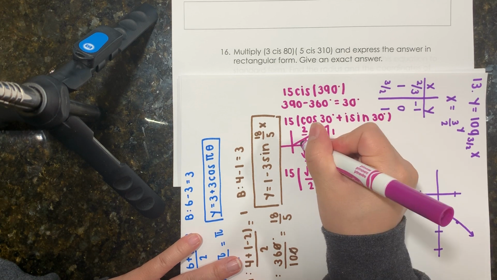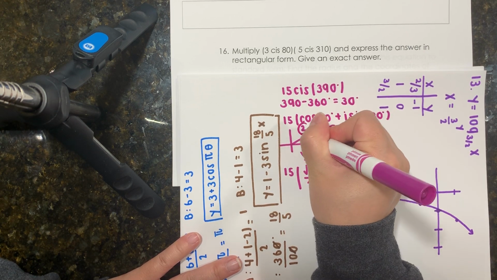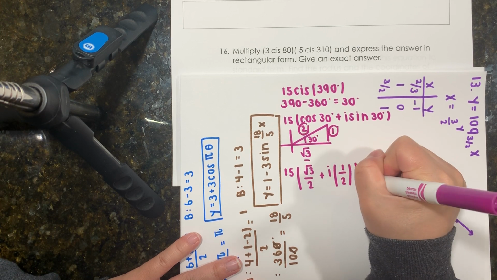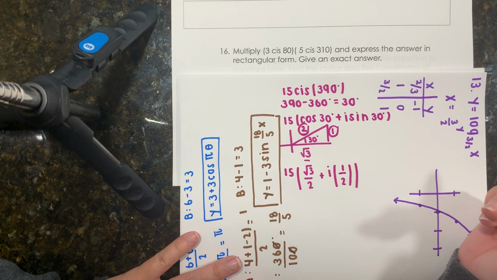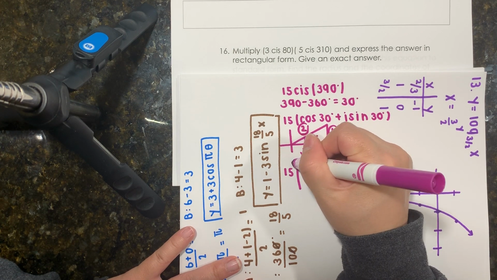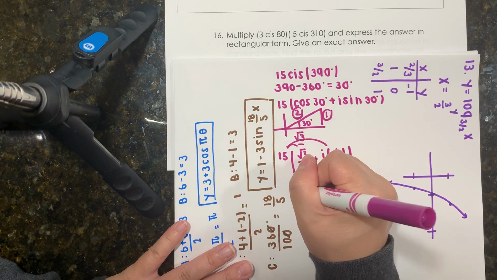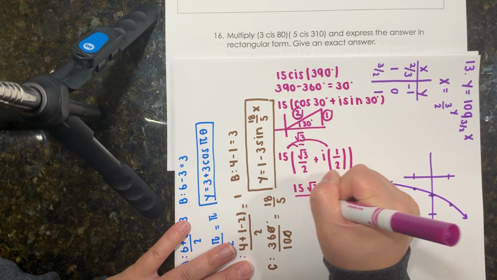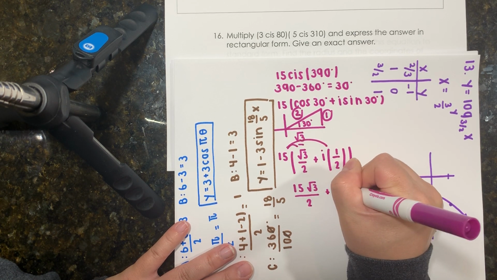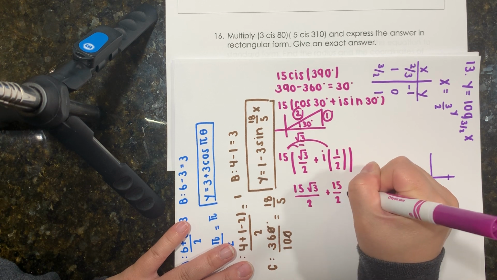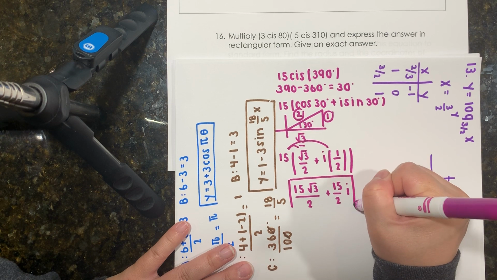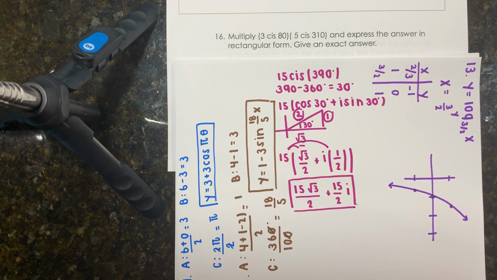So the sine is opposite over hypotenuse, which would be 1/2. Then your last thing to do would be to just distribute your 15. It won't simplify at all. So your result is just going to be 15√3/2 plus 15/2 I. Don't forget that I in that second term. And that concludes number 16.